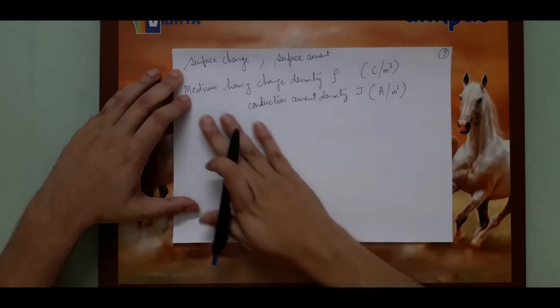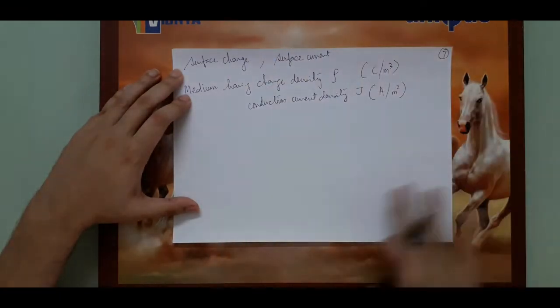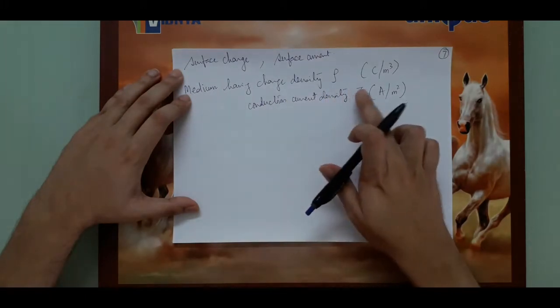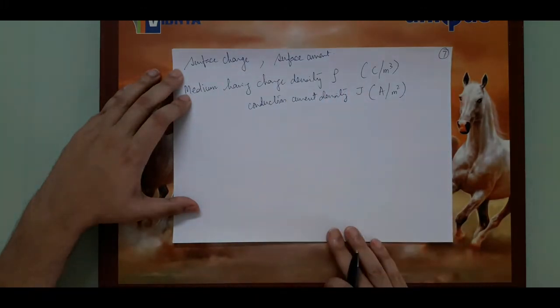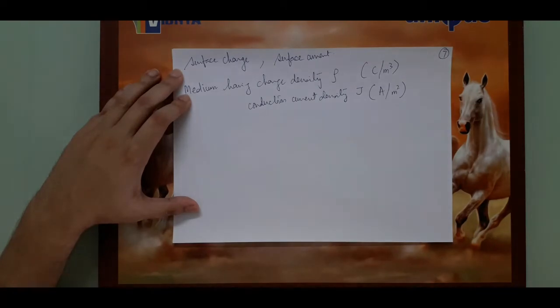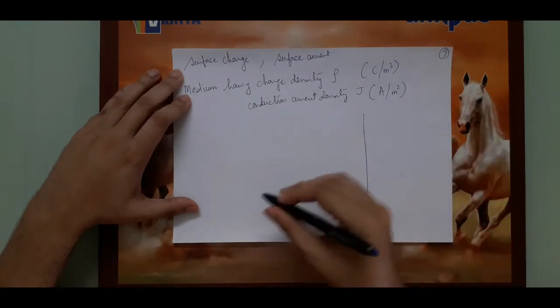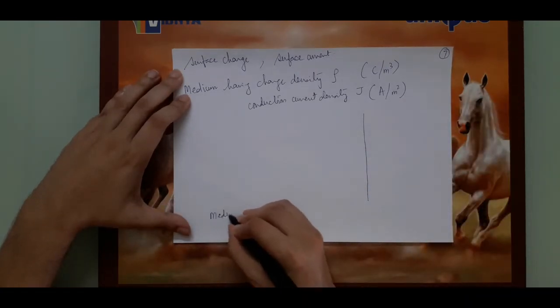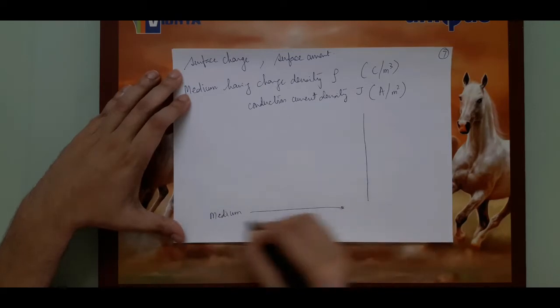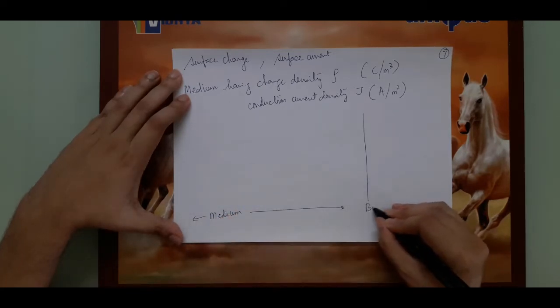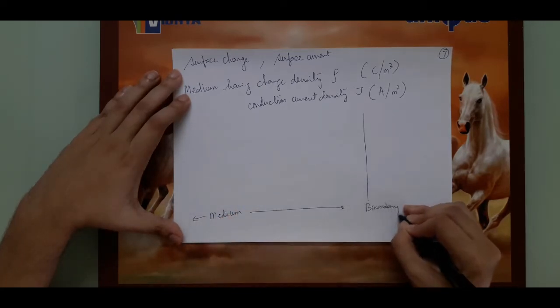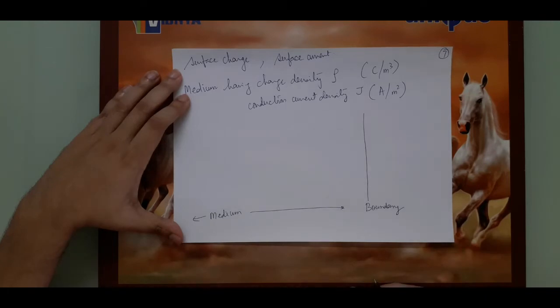Now suppose I have this medium where the charges are there, they are also moving with some conduction current density J. Now let us say I am defining a boundary.